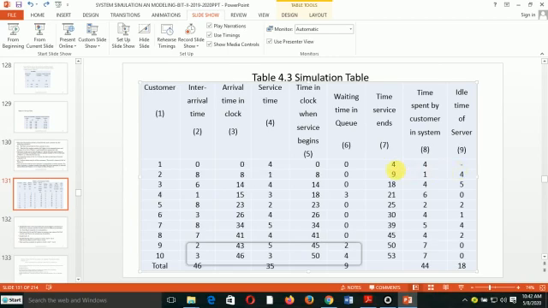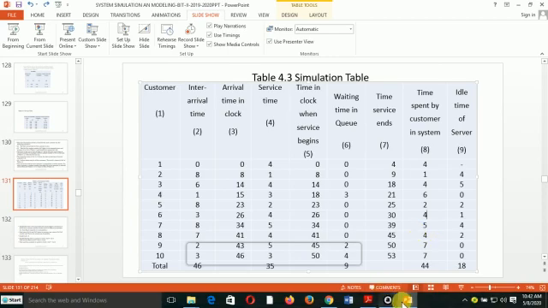It will be 4 minus 0 is 4, and then you can have 30 minus 26, it will be 4, like this.